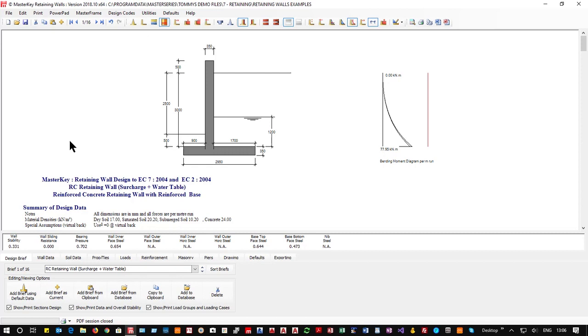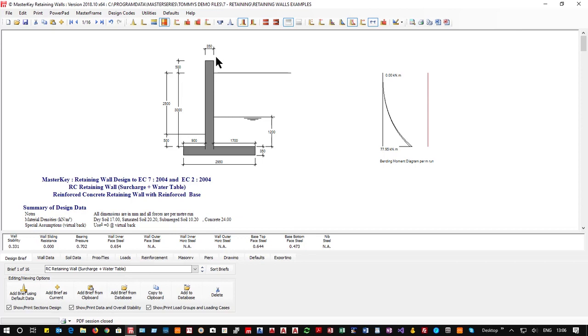So let's look a little bit about what we've got on the screen. We've got our graphics and we've got our bending moment applied, and our capacity line. Since it's a concrete wall, the capacity line is constant. It's not a tapered wall or anything, so it doesn't taper. It's not stepped. It doesn't taper or step for that reason. We have a water table at 1200 millimeters up, and we even have a projection above the wall.